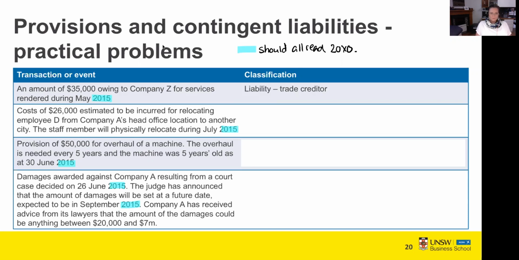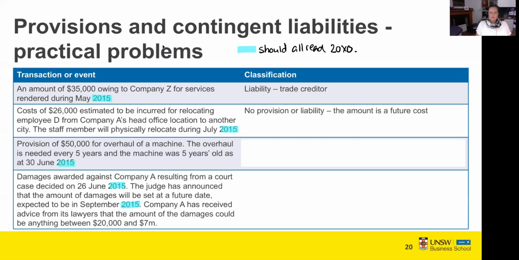Okay, the next one. They're estimating that they're going to incur $26,000 to relocate an employee to another office. The staff member will physically relocate in July. So at the 30th of June, there is no provision or liability.